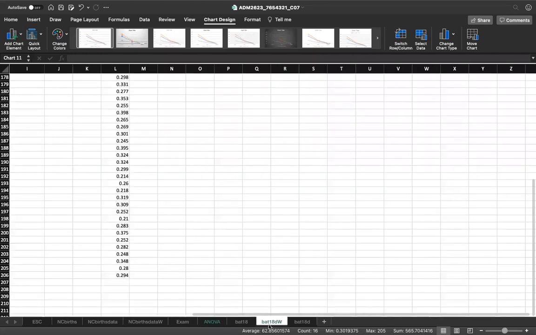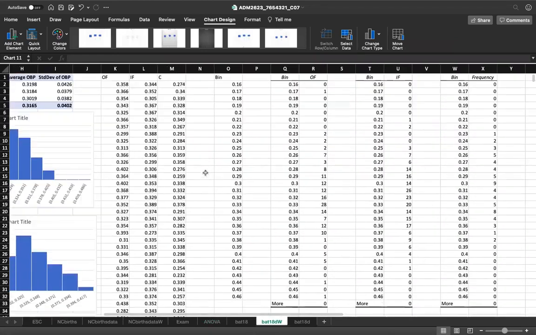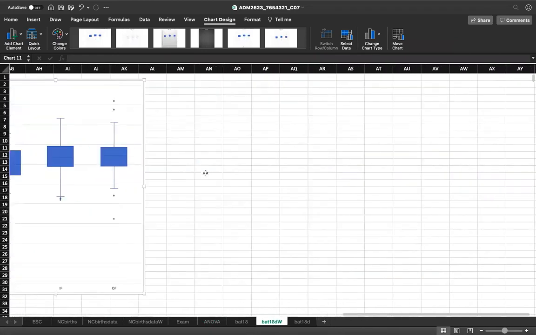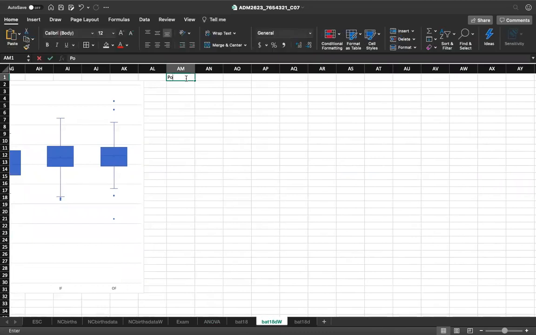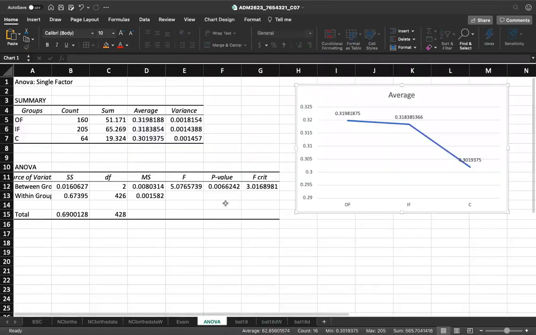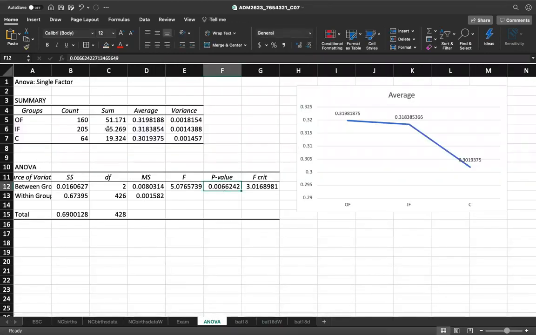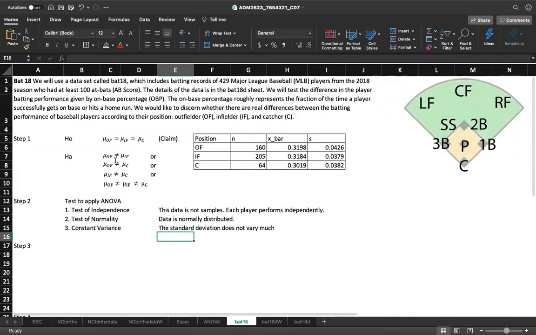So let's go back to our data and let's perform our post hoc analysis. What the ANOVA test does is it only tells whether these three groups are similar or different, and the difference can come from either OF and IF not being the same, or OF and catchers not being the same, or IF and catchers not being the same, or all three of them being different. So we don't know which of these is different.